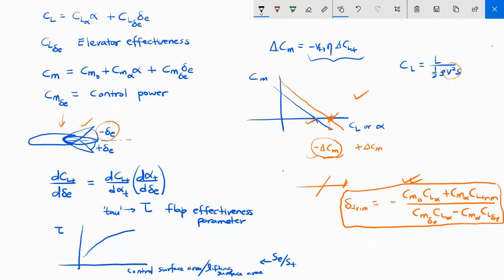Graphically speaking or mathematically speaking, we just shifted this blue line to the orange line so that we could trim the aircraft at a new value of CL.